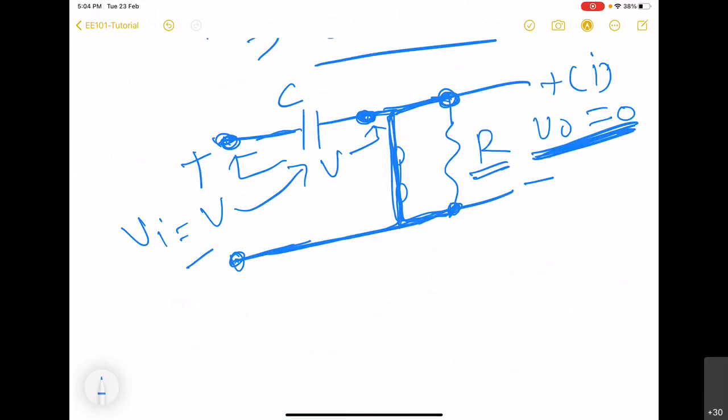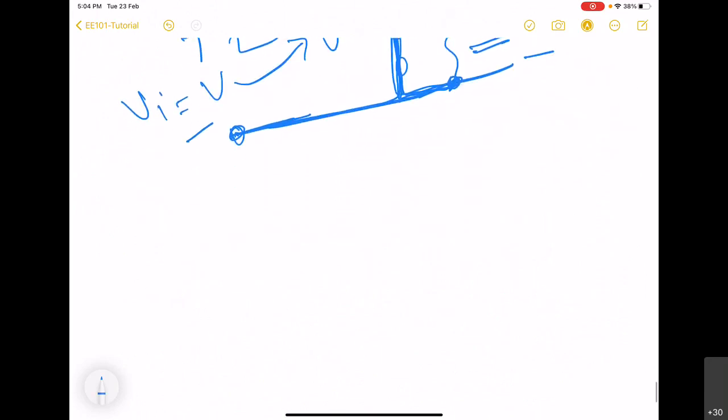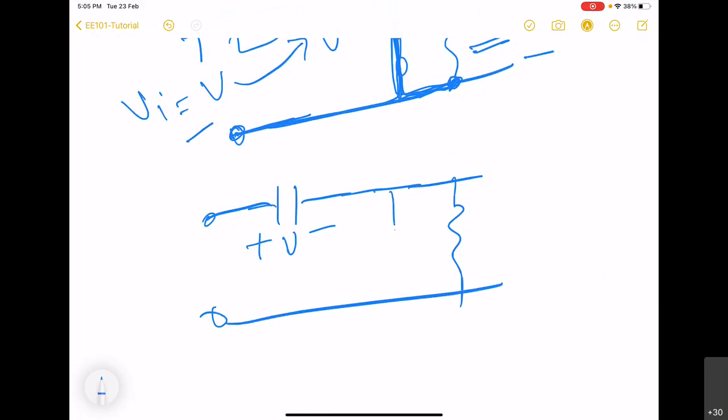So during the second half, what we are going to see is that there will be a capacitor with voltage plus V in this orientation across it. And then we have here a resistor, and then we have here a diode.